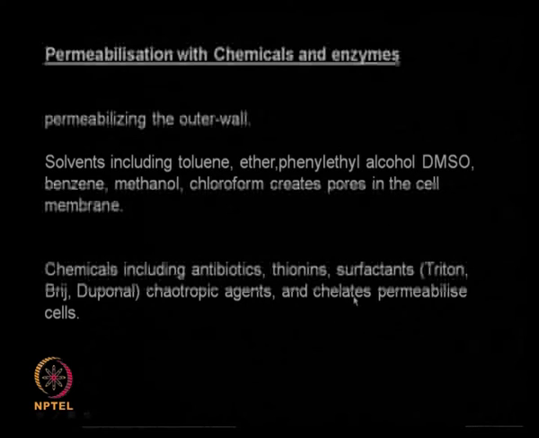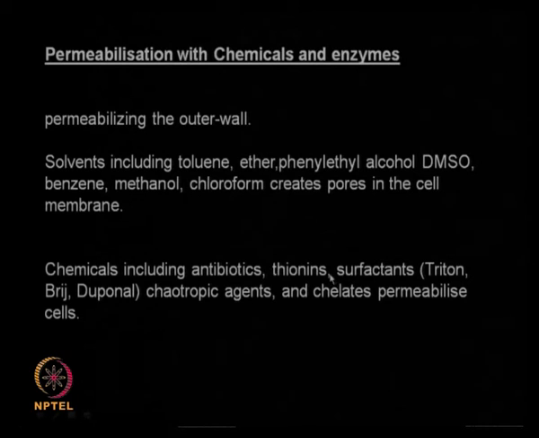We can also use chelates and even chaotropic agents. All these can be used to permeabilize the cell wall. Here they either eat away the cell material or they disturb the charged anions and cations present on the cell, which keep the cell integrity safe. That is what these chemicals do, whereas the solvents create pores in the cell membrane and allow the intracellular material to leach out.